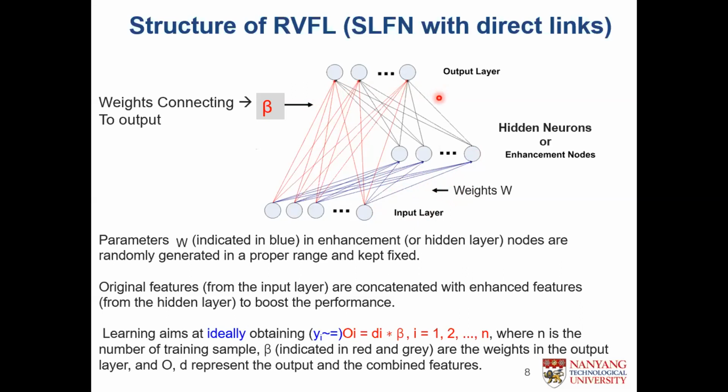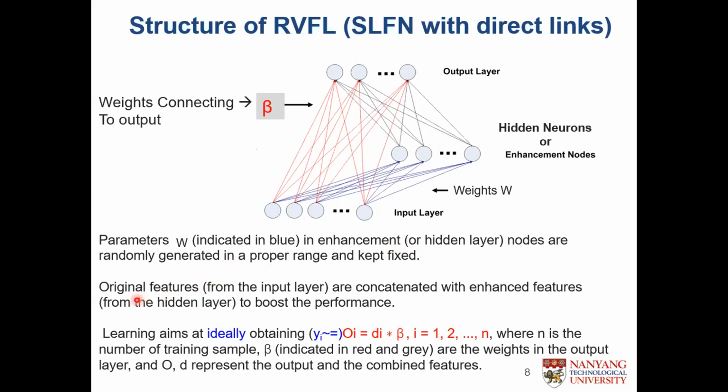So during the training stage, we need to compute only all these weights. We call them collectively beta. The parameters W indicated by blue are randomly generated and kept fixed.